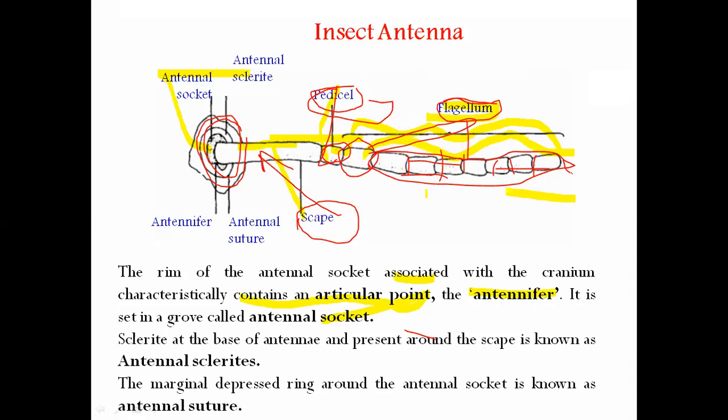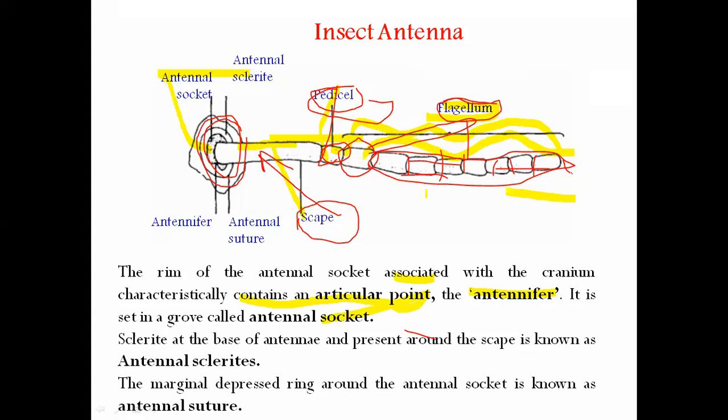It also finds the opposite sex of the same species, through different antennae in different insects, by smell. It also acts to perceive sound, because there is a Johnston's organ in the case of the male mosquito.